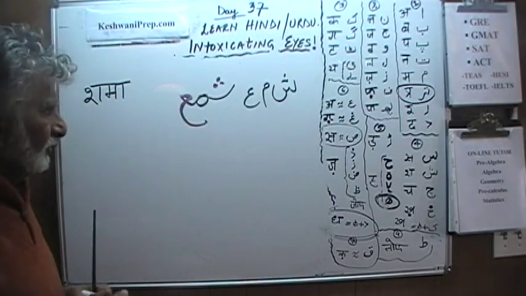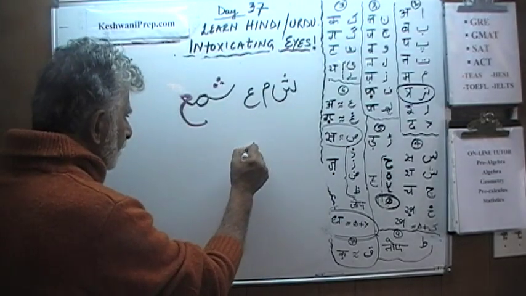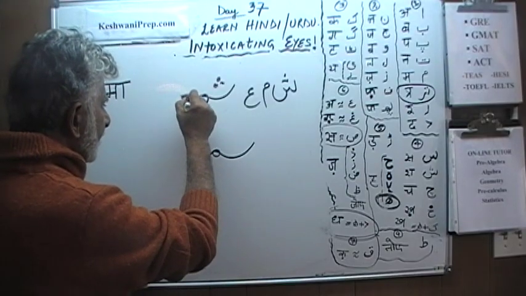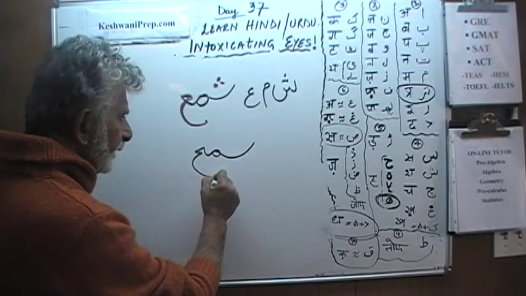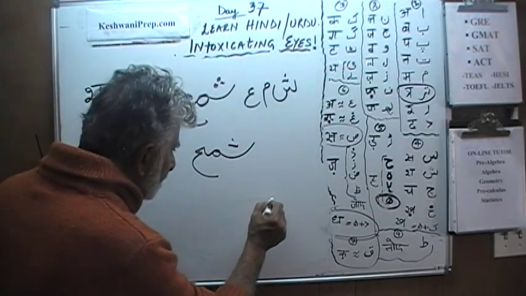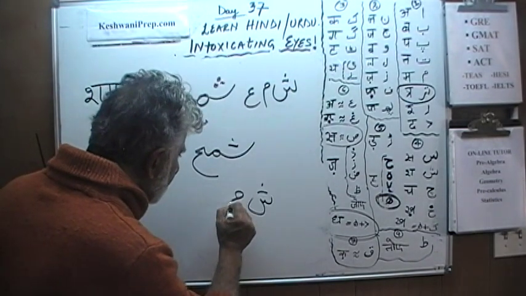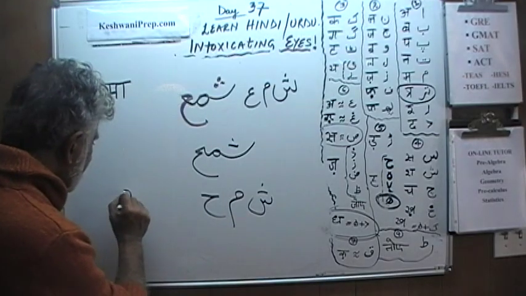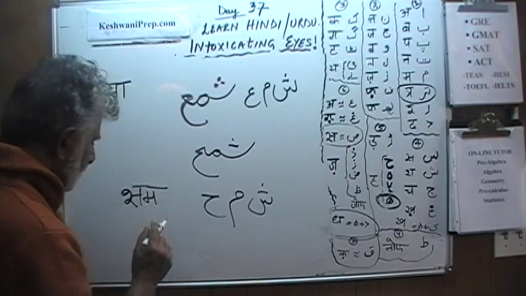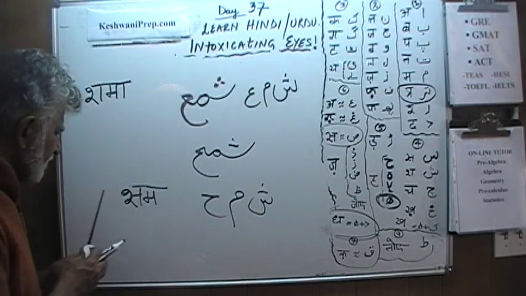Let me write something else. Sheen, meem, and instead of going up and coming down, it comes down like that. There is no such word. What we have written here is sheen, meem, and hey. Oh, sheen, I always have to remember sheen does not join.